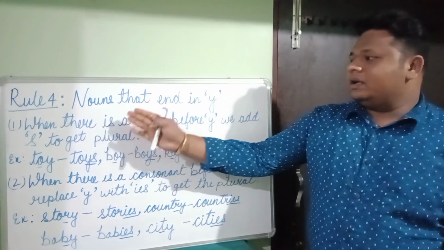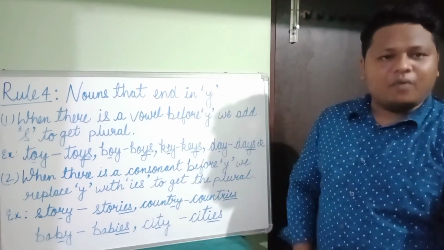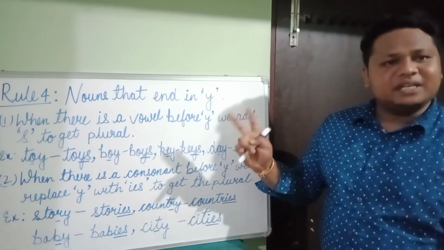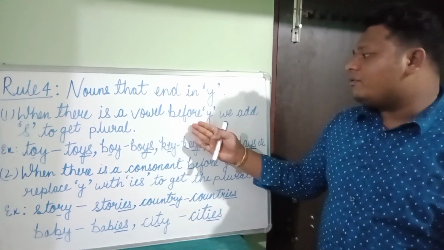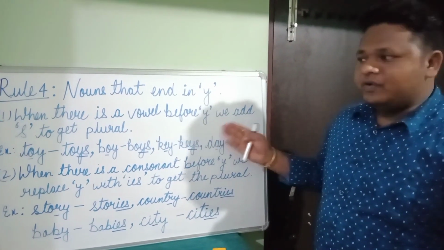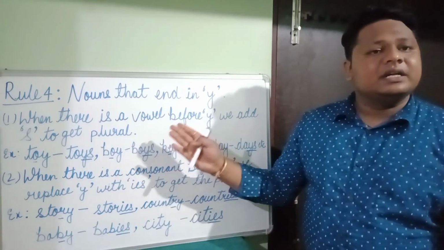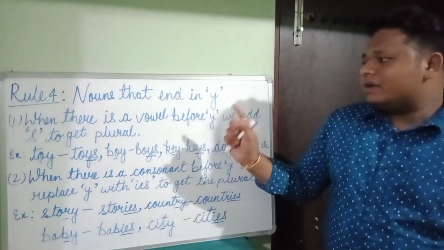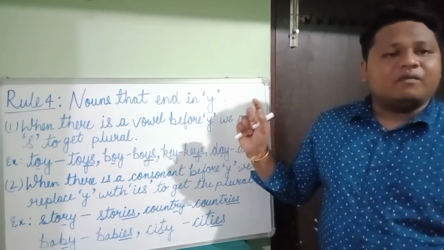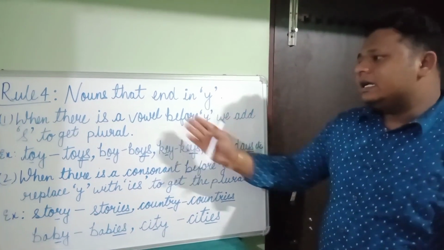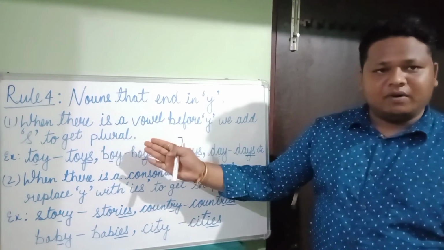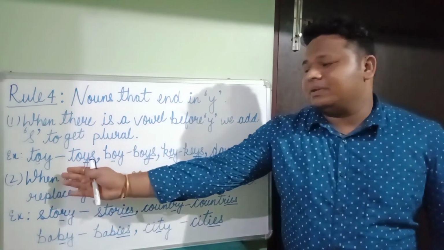Rule number 4: the noun that ends in Y. There are two conditions here also. The first one: when there is a vowel before Y, we add S to get the plural form. Whenever there is a vowel before the last letter Y, we add S. Let us see some examples.